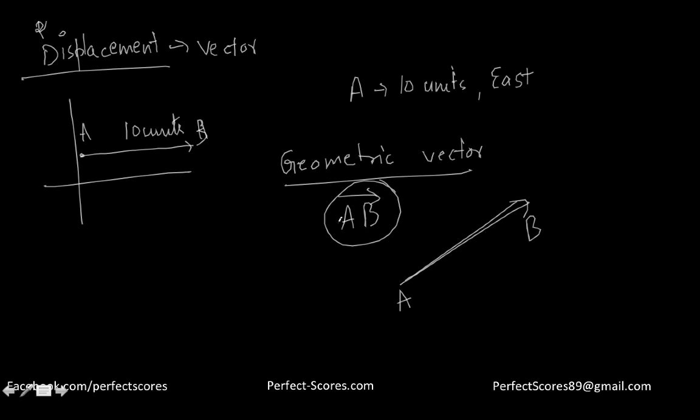Geometric vectors are mostly used in physics, because it's so convenient to explain real-world concepts such as velocity and acceleration, which possess magnitude as well as direction.